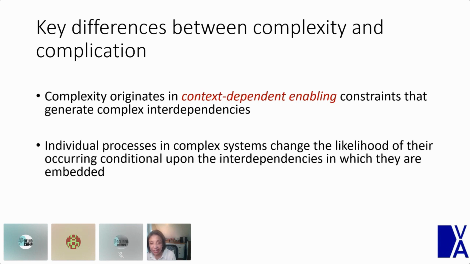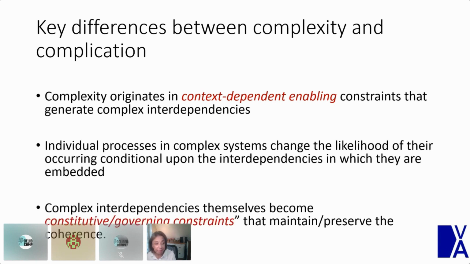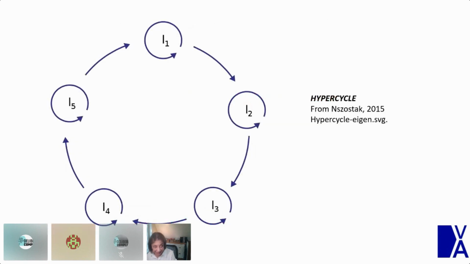Once they entrain, once they synchronize, the individual processes change the likelihood of their occurrence, conditional upon the interdependencies in which they are embedded. And at that point, the complex wholes become the governing constitutive constraints that maintain and preserve that system.